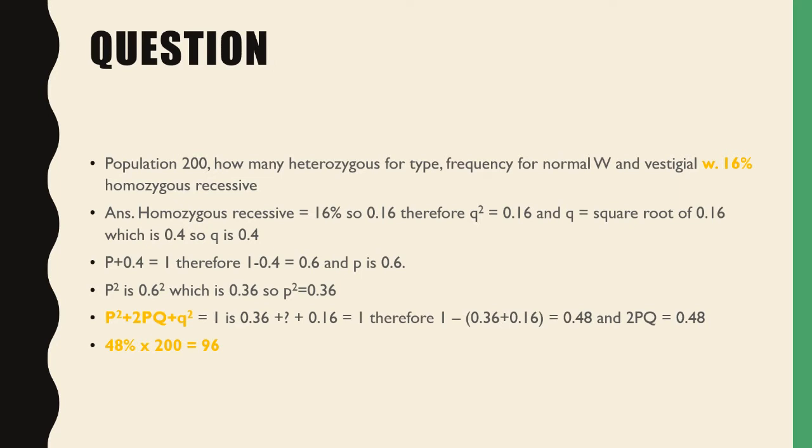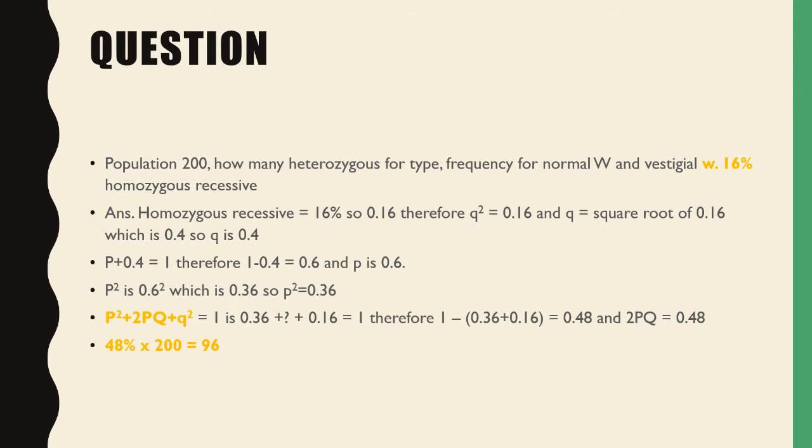We substitute that into the equation p² + 2pq + q² = 1. That's going to be 0.36 plus, we don't know what 2pq is, plus 0.16 equals 1. To find out what 2pq is, we take 1 and take away the addition of 0.36 plus 0.16, or in layman's terms, you add 0.36 and 0.16 and take that number away from 1.